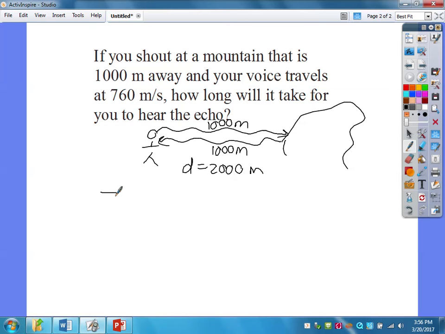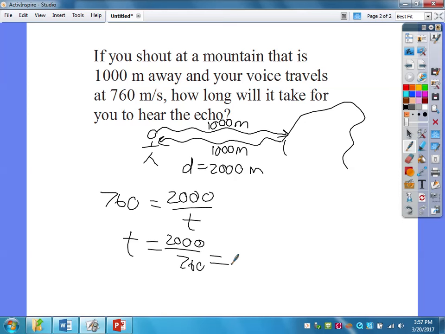So I do 760 equals 2,000 divided by t. Time will equal 2,000 divided by 760. And it will take me, let me get my calculator, a little over 2 seconds to hear that sound. 2.6 seconds. I'll hear my echo after 2.6 seconds.